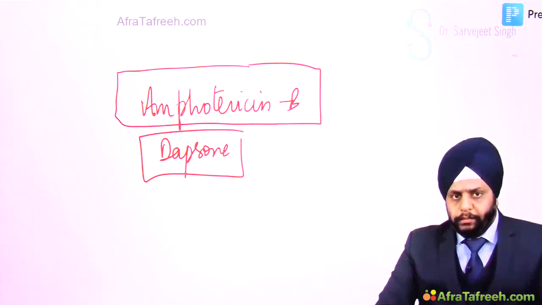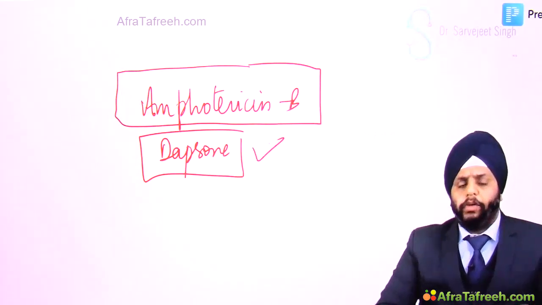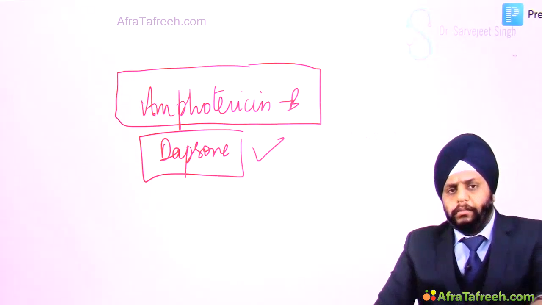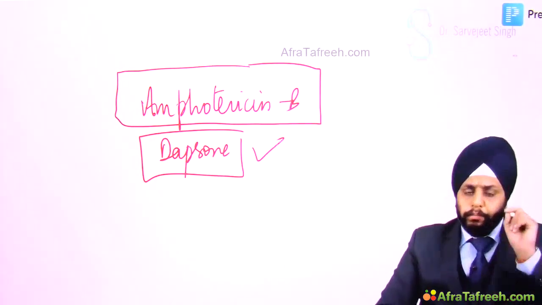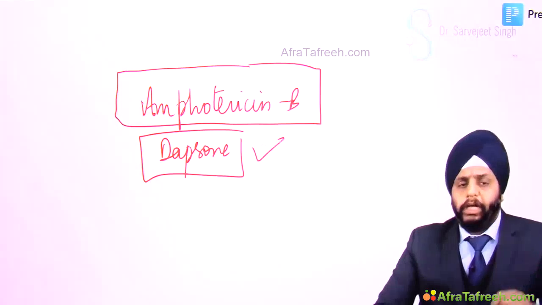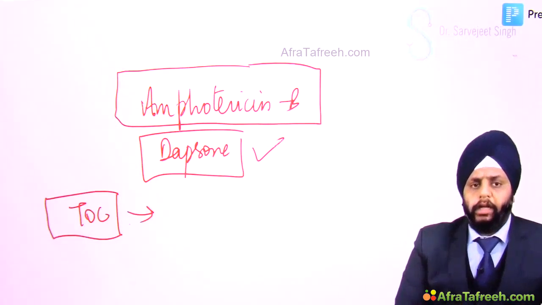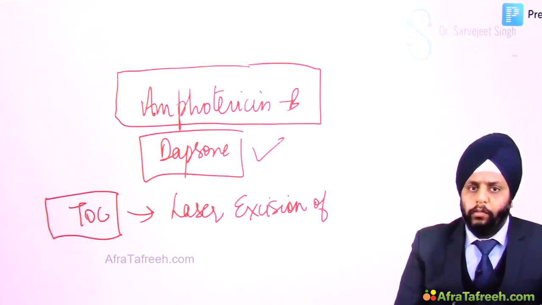Both these drugs have been used for the treatment of this organism. But remember, now we have proven it's a protozoa. So if somebody asks you which is the better answer out of these, I will say you can mark the answer as dapsone, because it is a protozoa. But remember, if somebody asks you the treatment of choice, in that case you have to mark the answer laser excision of granuloma.